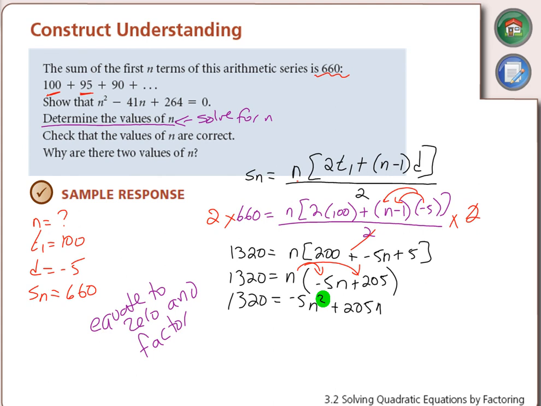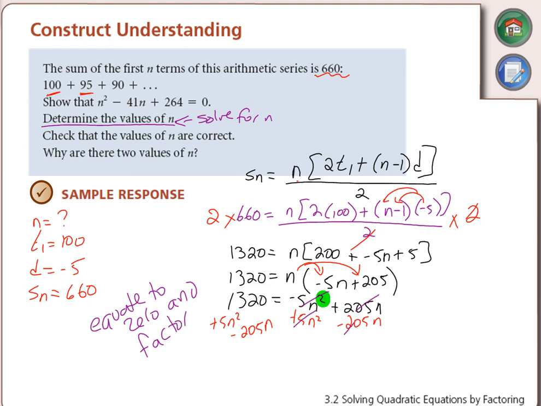Well, it's better to factor with the leading coefficient positive. So I'm going to move the 5n squared to the left, so add 5n squared to both sides and subtract the 205n from both sides. That's gone, that's gone. That's taking it to 0.